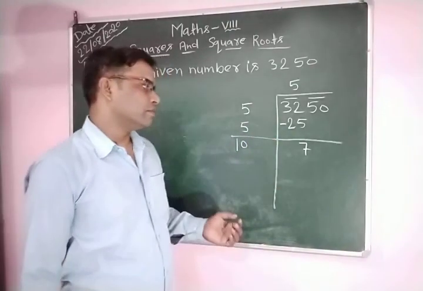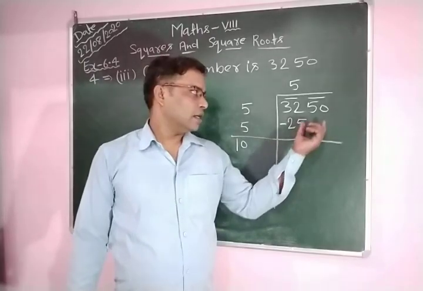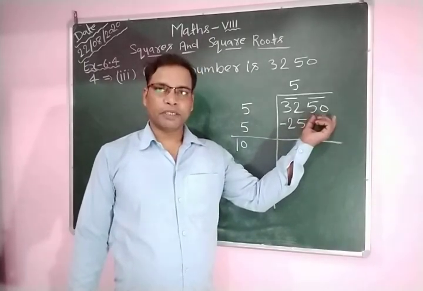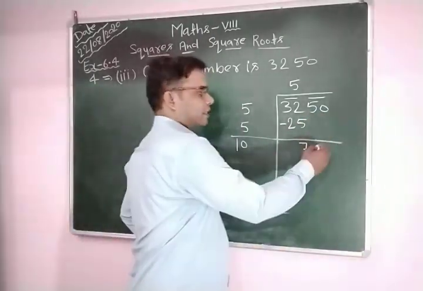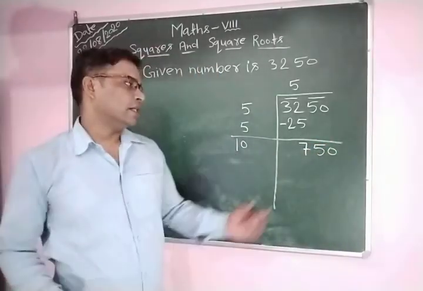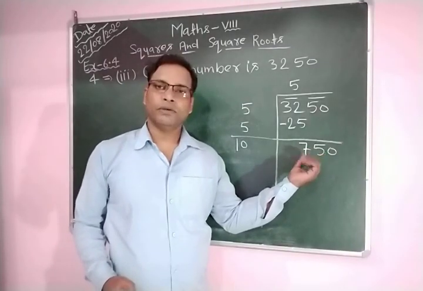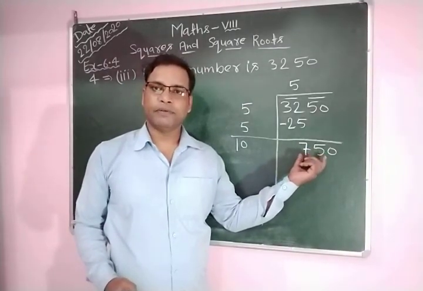Now bring down the next pair. The next pair is 50, and you write it to the right of this remainder. In this way we obtain 750. This 750 is the new dividend.